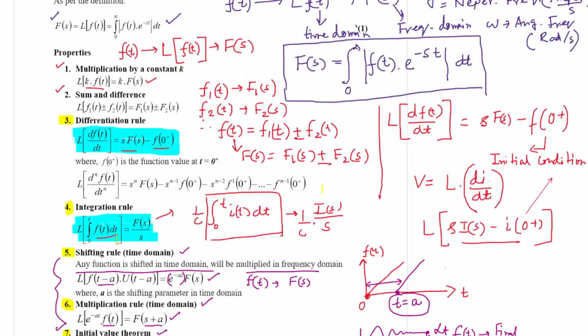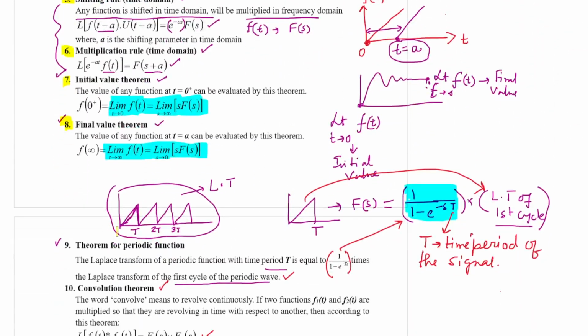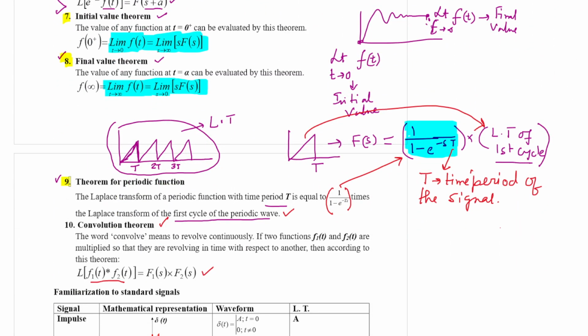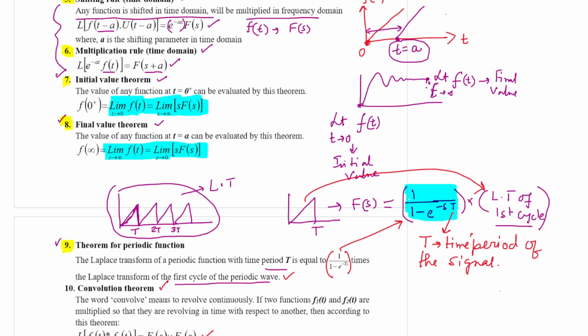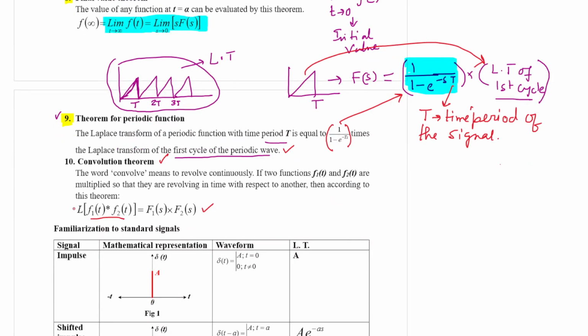These properties are extremely important, and to some extent property number 9 is also important, and the remaining properties you can understand and memorize. Soon we will find applications of these individual properties, and at that time it will be clearer to you.